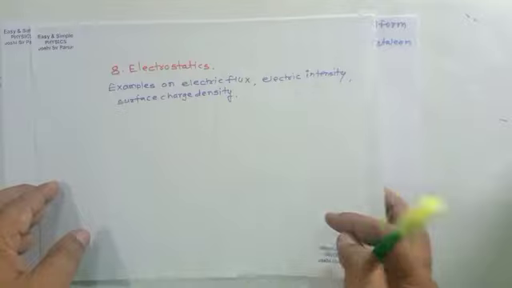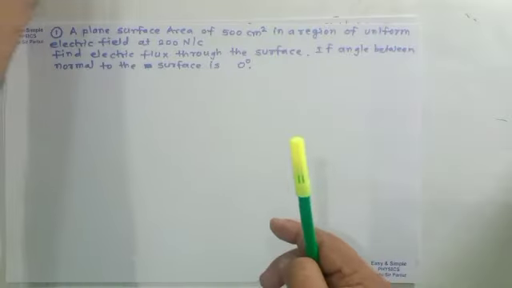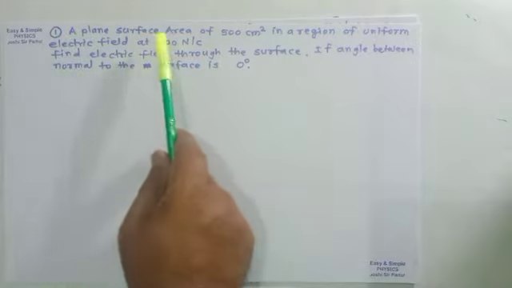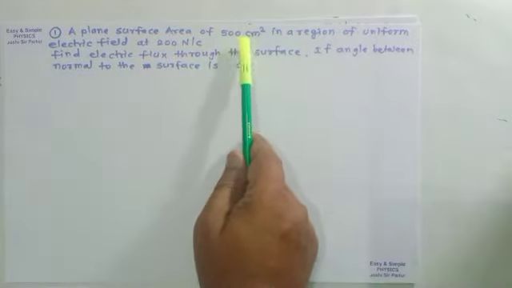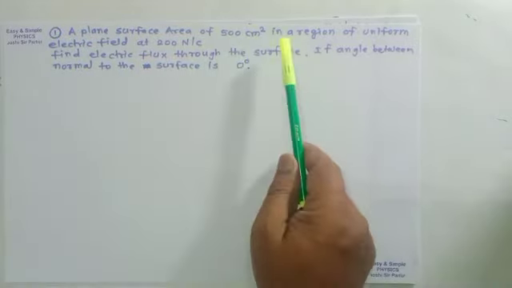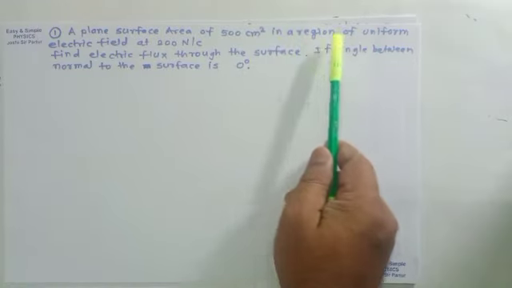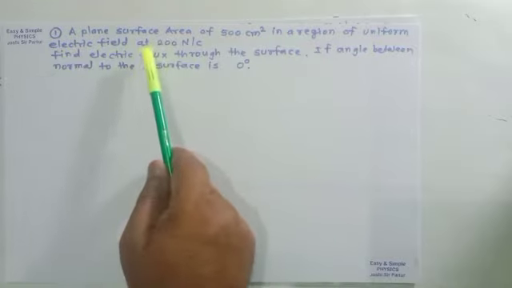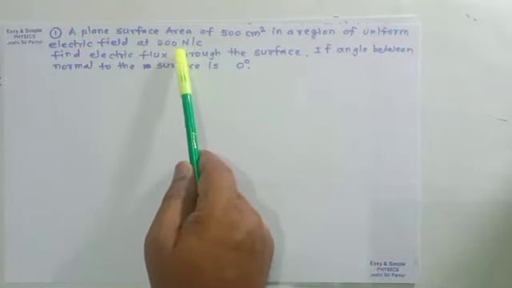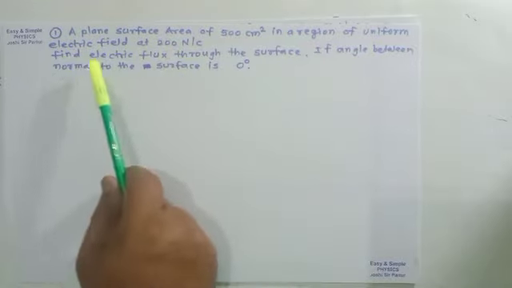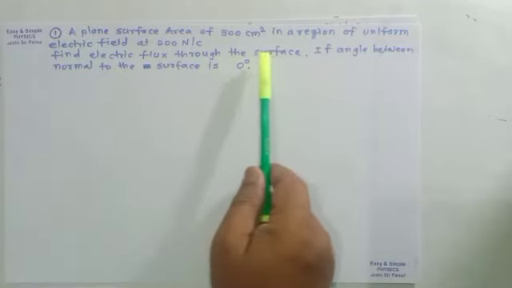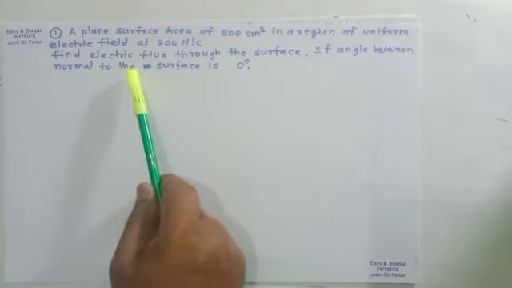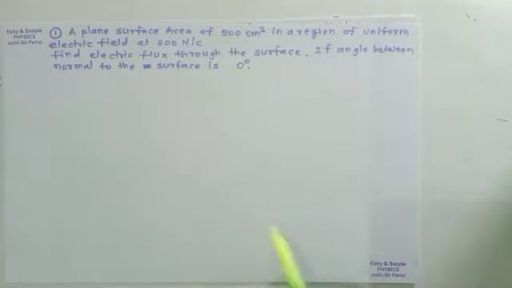See here, the first example: a plane surface of area 500 centimeter square in a region of uniform electric field of 200 Newton per Coulomb. Find the electric flux through the surface if the angle between the normal to the surface and the field is 0 degree.